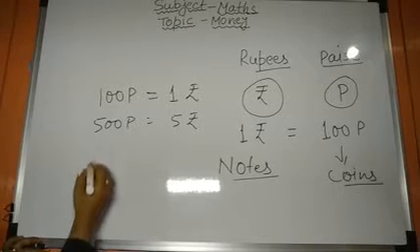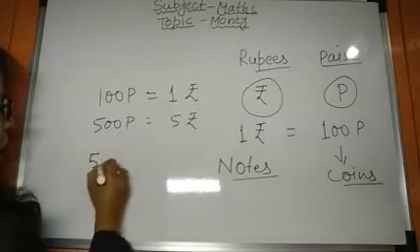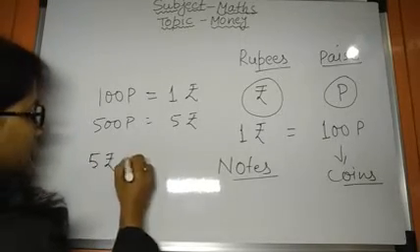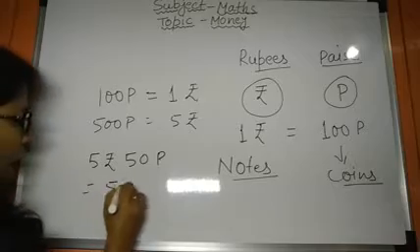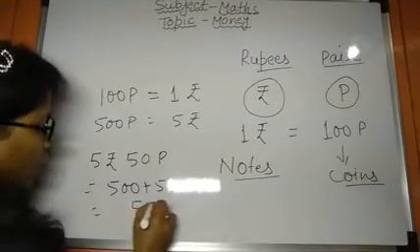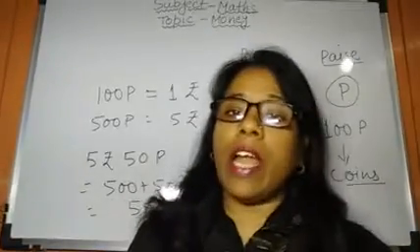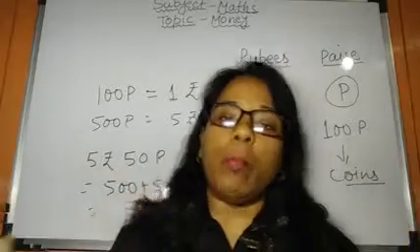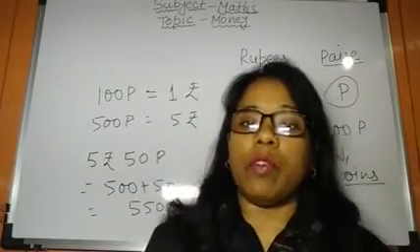So if you have 500 paise, it means you have 5 rupees. Or if you have 5 rupees and 50 paise, it means you have 500 plus 50, which is 550 paise. So you know that rupees and paise are very important for our life.